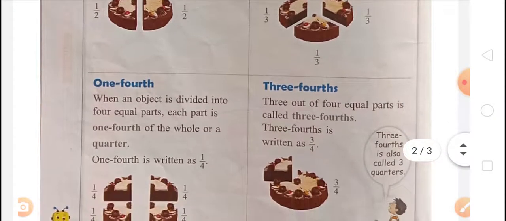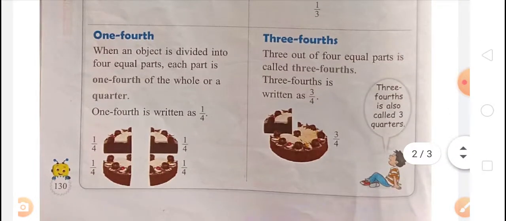Next is one fourth. When an object is divided into four equal parts, each part is 1/4 of the whole, or a quarter. 1/4 is written as 1 by 4, or 1 upon 4.